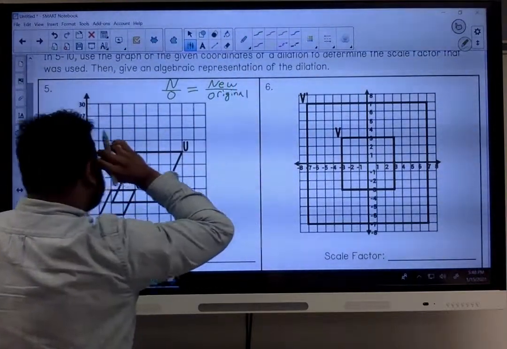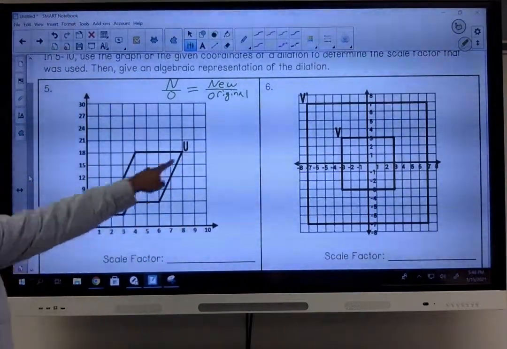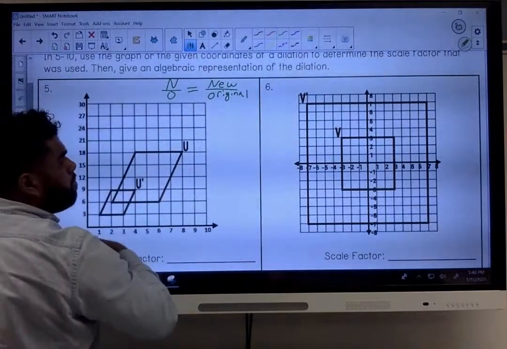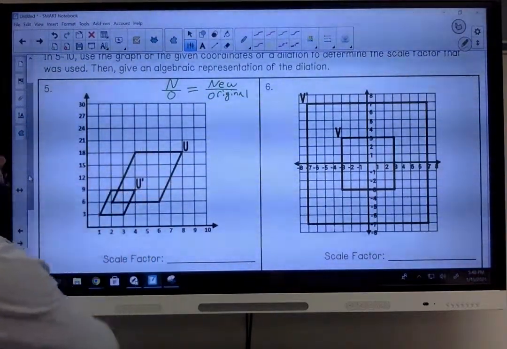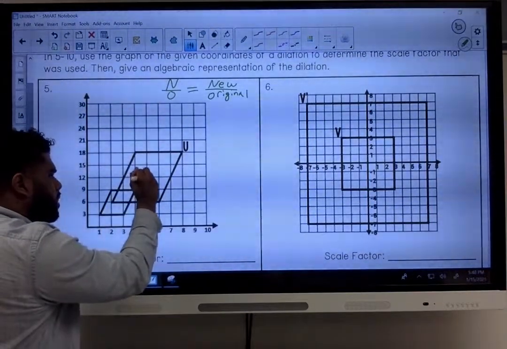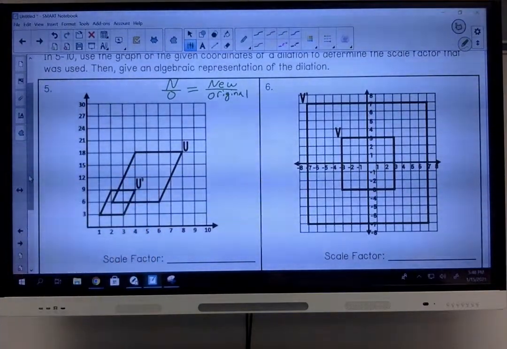So let's take the points that they give me. Let's find u from u prime. I'm going to take my new point, and again, how do I know which one is the old one or which one is the new one? Well, the new one will always have that prime mark right here. That prime mark tells me that's the new point.